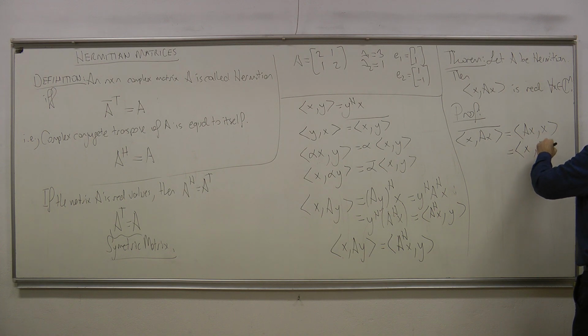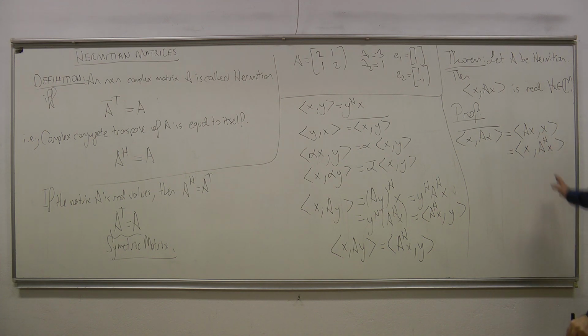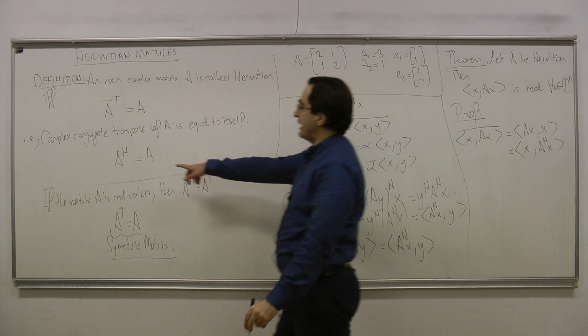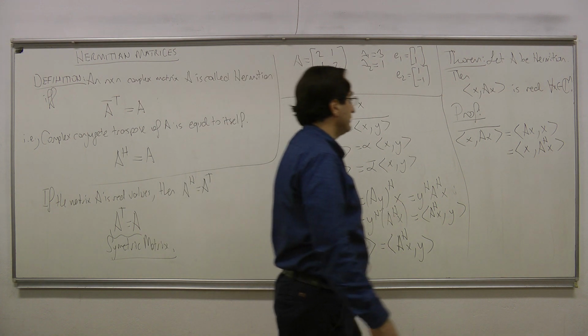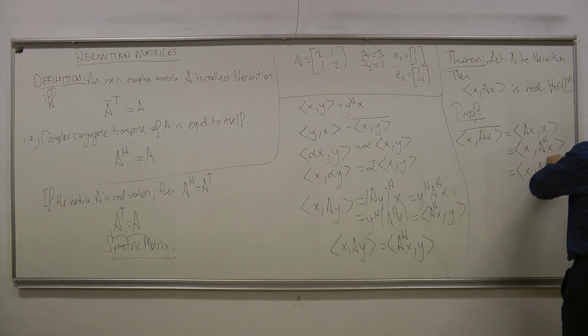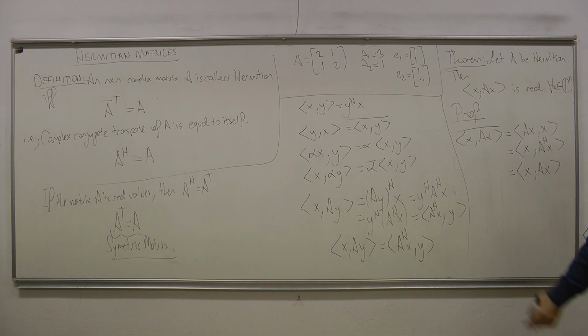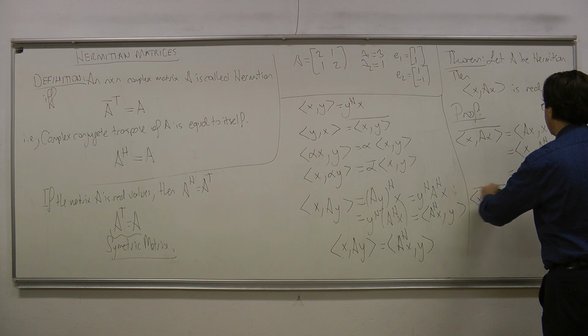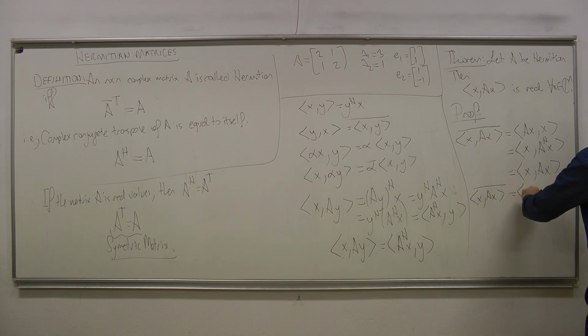So this is equal to X, A Hermitian X. But you see that A Hermitian is equal to A because the matrix A is Hermitian in this case. That means that this is going to be equal to the inner product X, AX. But that shows us that the complex conjugate of X, AX is equal to X, AX.